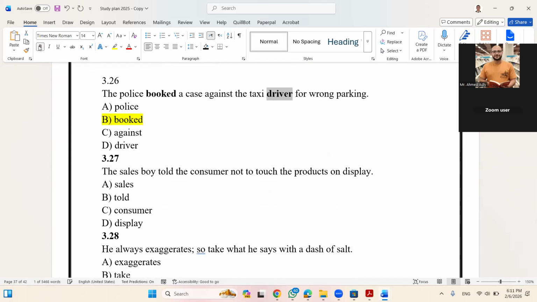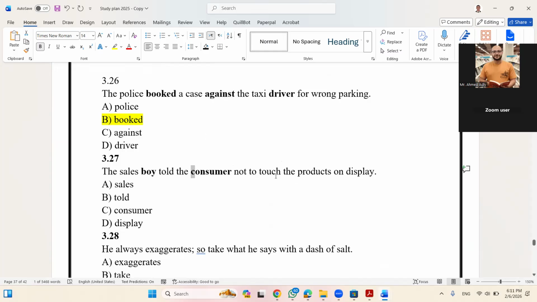Next, the salesboy told the consumer not to touch the products on display. Customer. So this word fits the context.